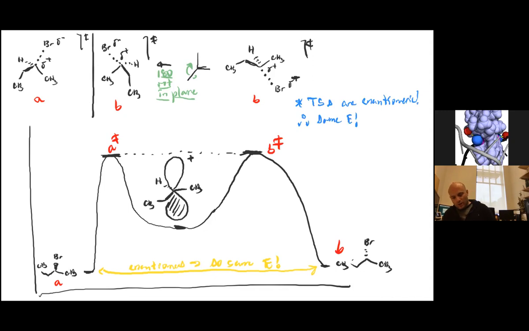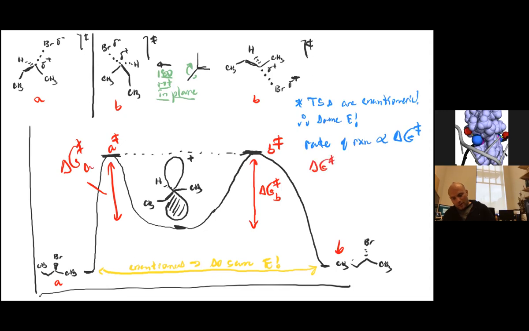And we know that the rate of a reaction is proportional to the activation energy. So this is delta G double dagger B. This is delta G double dagger A. And so delta G double dagger A equals delta G double dagger B.